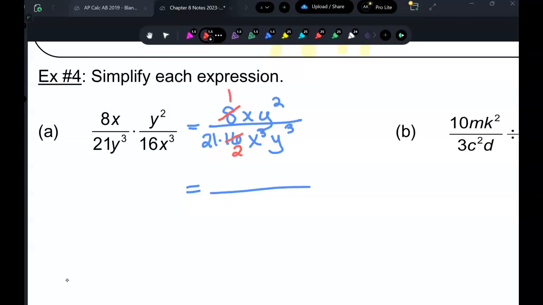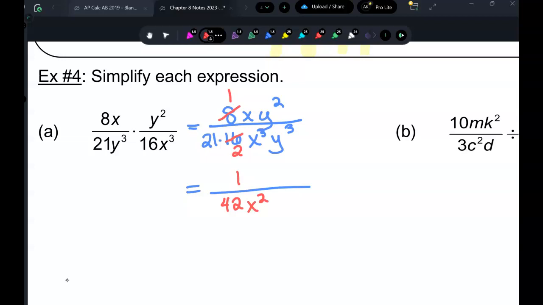So I'm going to have a 1 in the top. In the bottom, that's going to be 42. Now let's look at the variables. I have an x to the first over an x cubed. So what's that going to leave us with? x to the negative 2, which would just be x squared on the bottom.